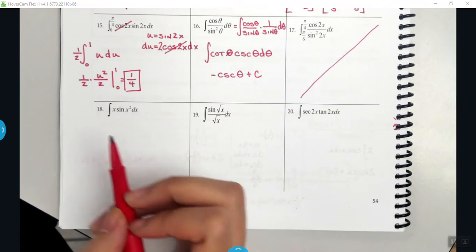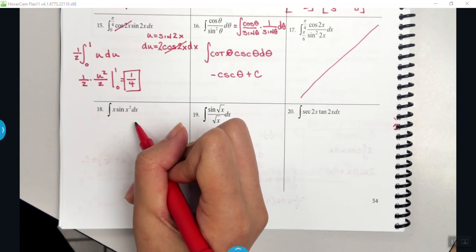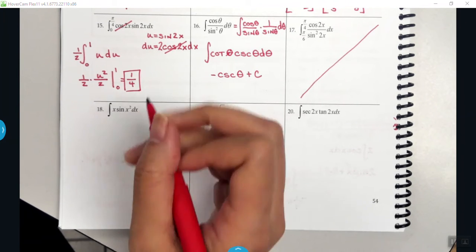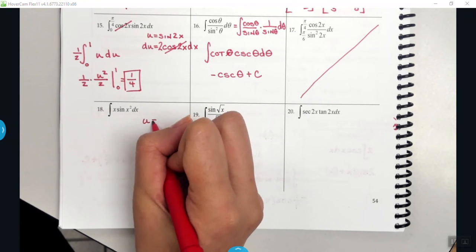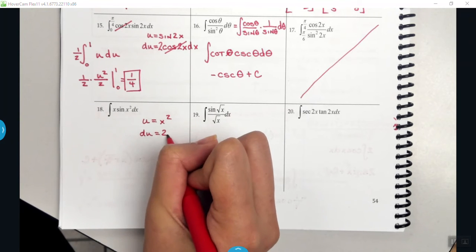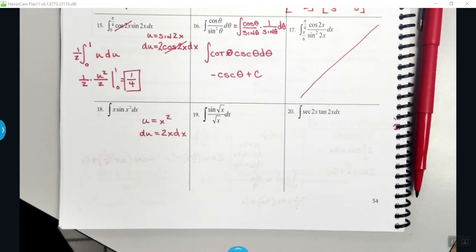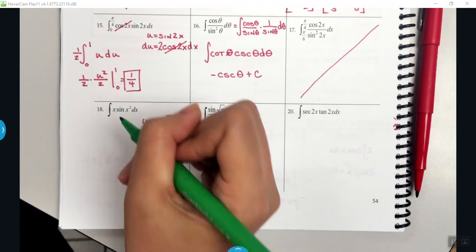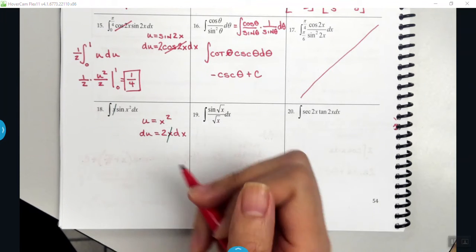Okay, what should I do for 18? Oh, wait, we're not doing 17. No, we're not doing 17. 18? Do the u with the x squared. Okay, u equals x squared. du is 2x dx. Nice, because this x is going to cancel with, sometimes I like canceling to begin with, that x is going to cancel with that x.